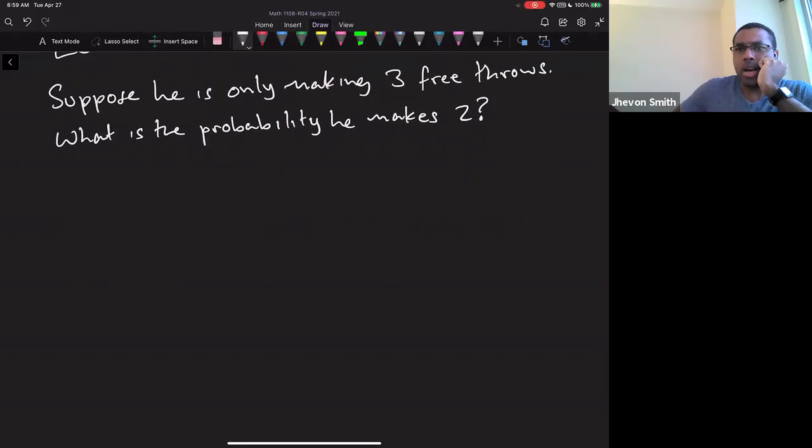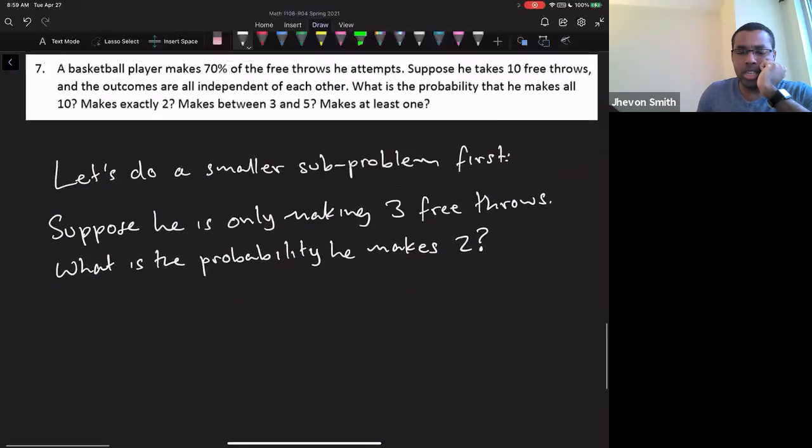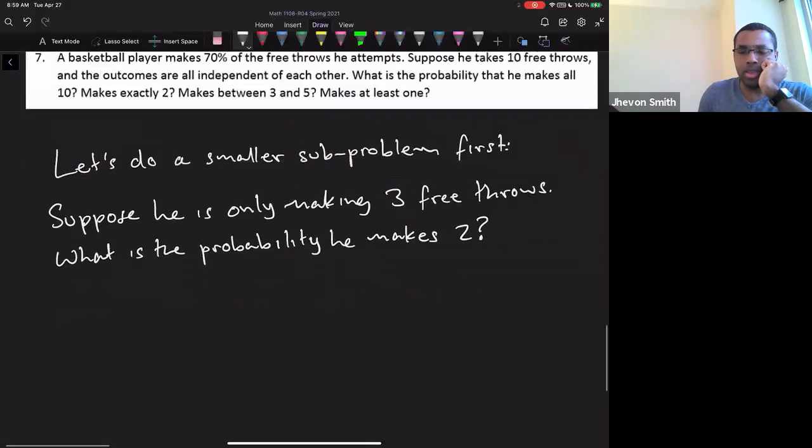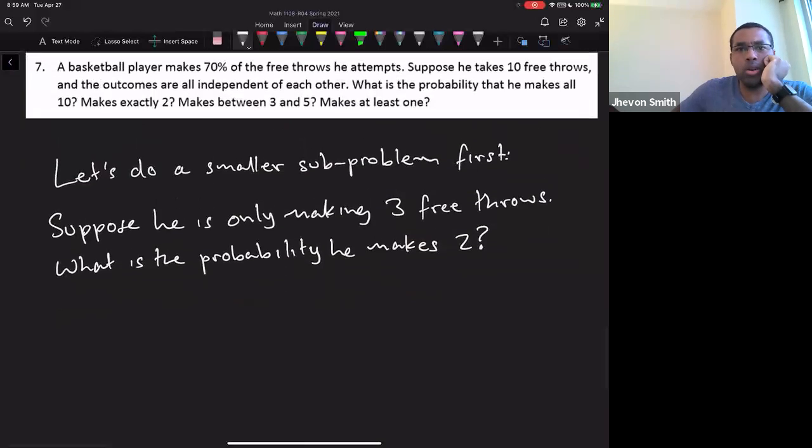So knowing that he makes each throw independently, how would you find the probability that he makes 2? What is the probability that he makes 2?